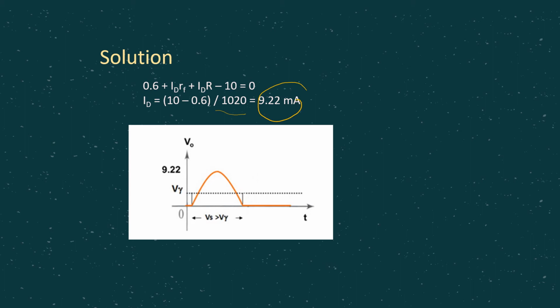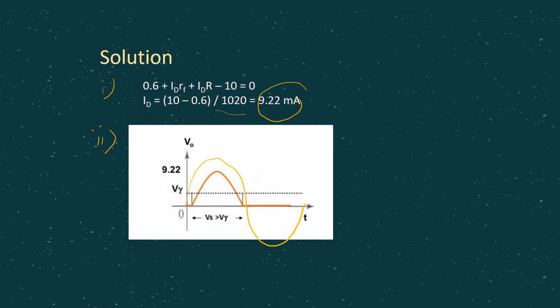Okay, then for the second one, we are supposed to draw the output waveform, right? So as you can see here, this is the output waveform. But my advice to you, always draw the output waveform together with the Vs value, so that it will be easy for you to see and compare.